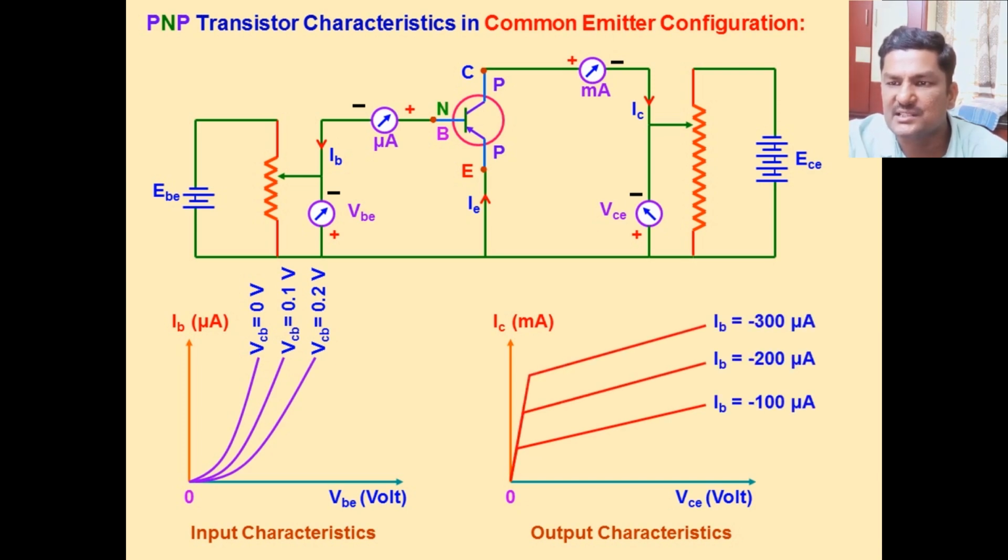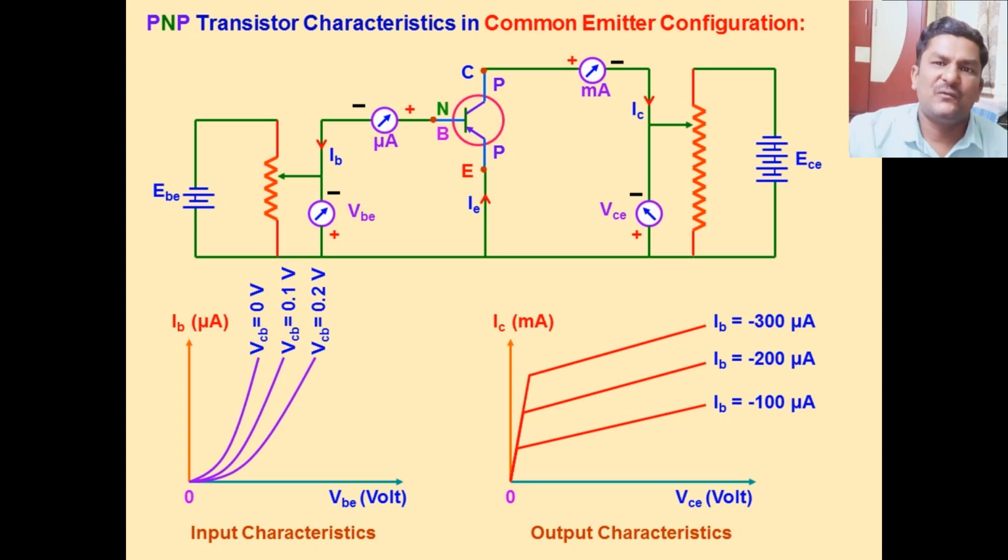Output characteristics of a transistor, we observe the changes in output current and output voltage when input current is kept constant.